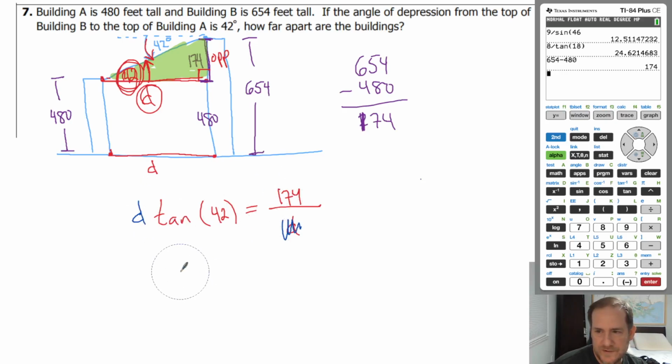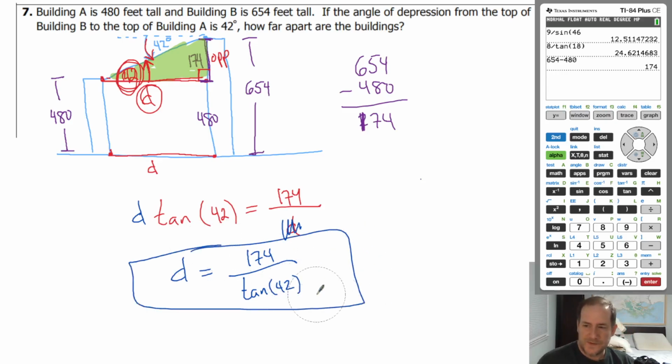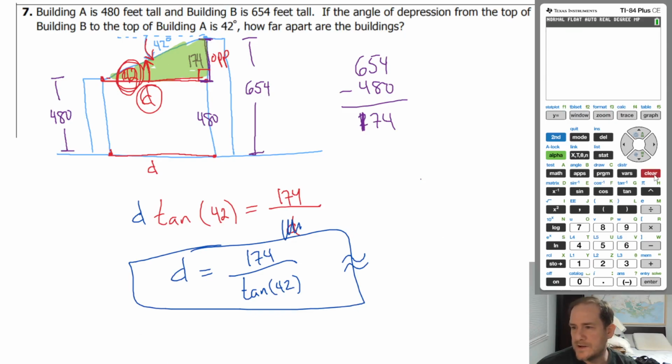Then divide by tangent of 42, and you get D equals 174 divided by tangent of 42. And that's it. You could technically stop there if you wanted to, or you could just type that into your calculator and turn it into a decimal. So let's do that. 174 divided by tan 42. 193.25.